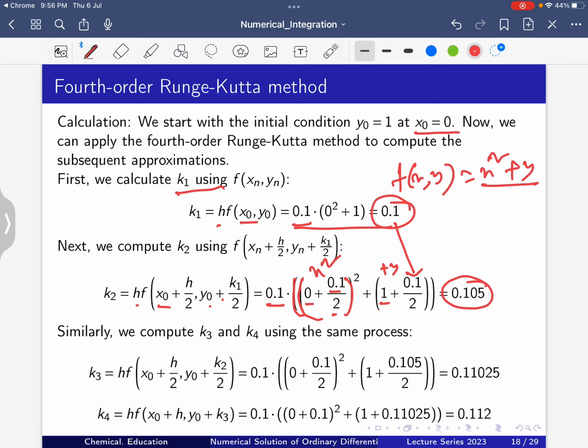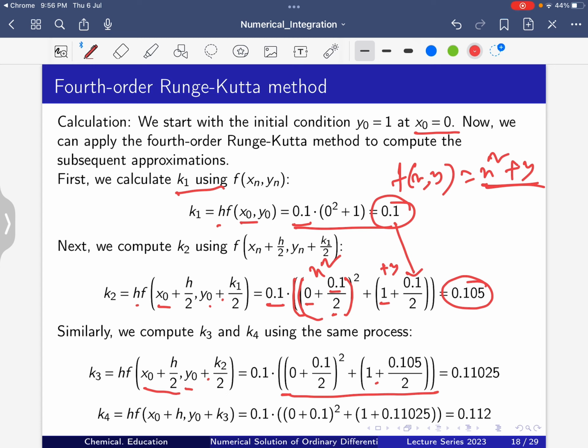Similarly k3 is h f of x0 plus h by 2, y0 plus k2 by 2. So x0 plus h by 2 we already know: 0 plus 0.1 by 2, and y0 plus k2 by 2 is 1 plus 0.105 by 2, and we have to put that in the formula. So 0.1 into f, which is x square plus y.